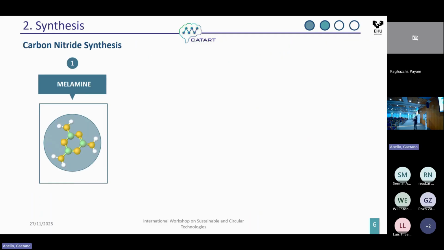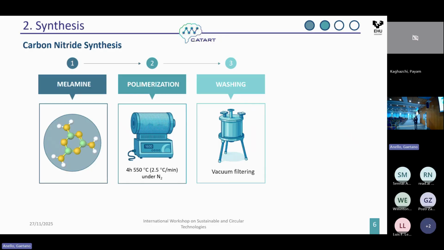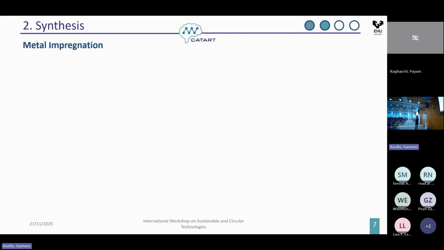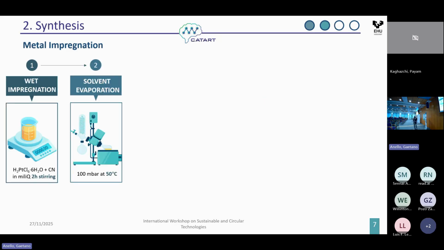So how are we synthesizing this carbon nitride? We start from melamine and make a polymerization under nitrogen atmosphere at 550 degrees. We wash it in order to remove melamine that has not been polymerized, and we have our carbon nitride. For the metal impregnation, we follow the wet impregnation method using a platinum chloride precursor.